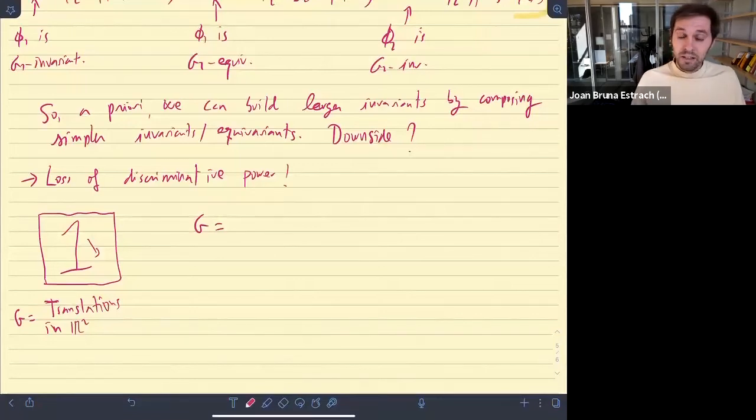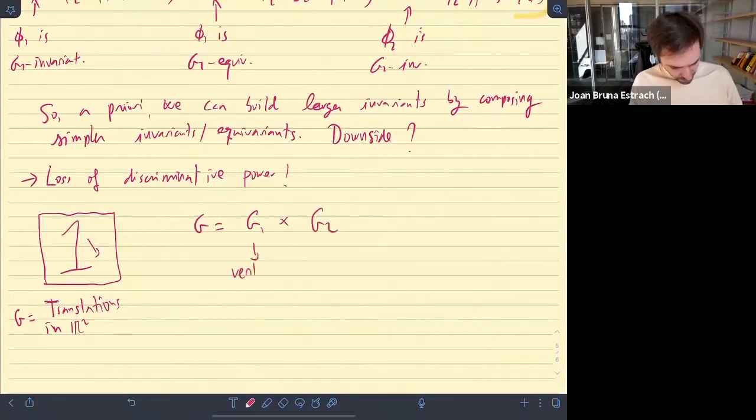I can always express a translation in 2D in terms of a translation in the horizontal and a translation in the vertical. So G factorizes in that case as a semi-direct product, in particular a direct product, which is a particular case of a semi-direct product, in terms of G1 and G2. One is the vertical translation, and this is the horizontal translation.